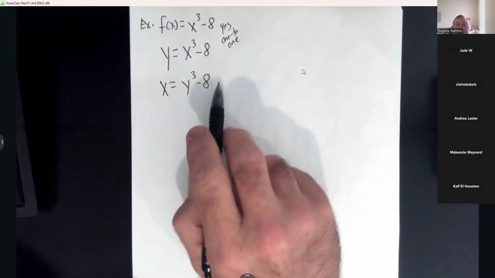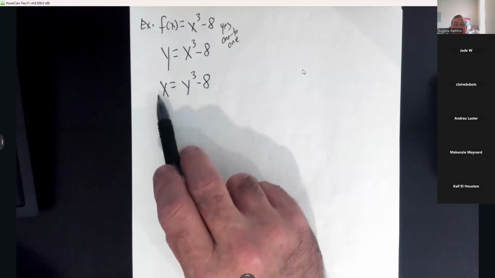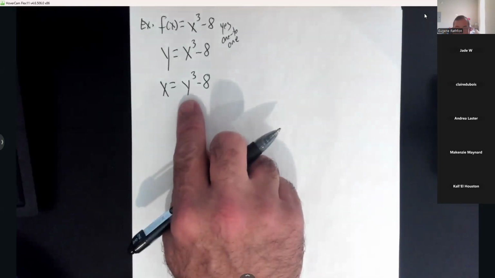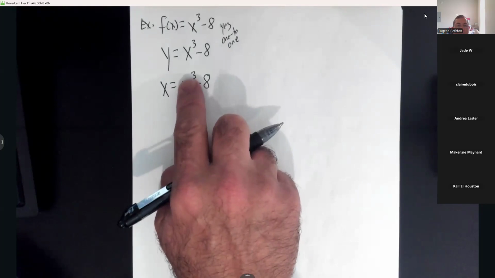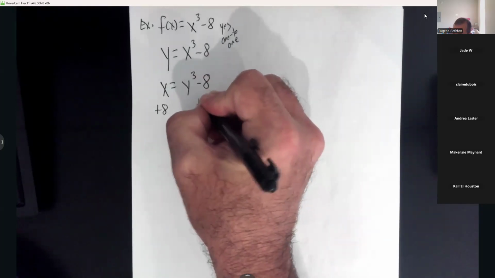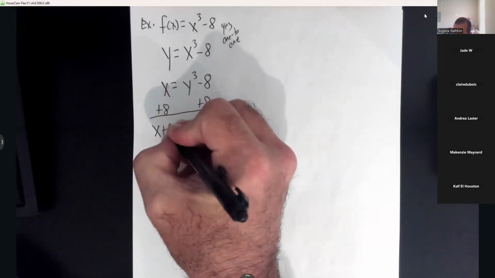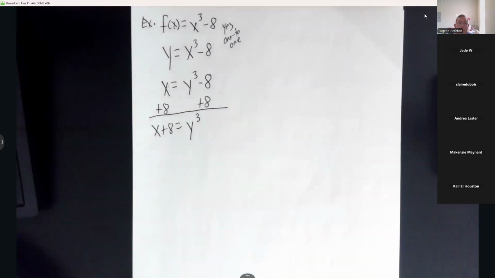And y'all notice, I didn't switch the exponent. I left that exponent there. I'm just switching my variables. All right, y'all. So now let's solve this for that y. So to solve for y, I want to get this y cubed by itself. So we need to add 8 to both sides. So when you add 8, you get an x plus 8 over here equals my y cubed.